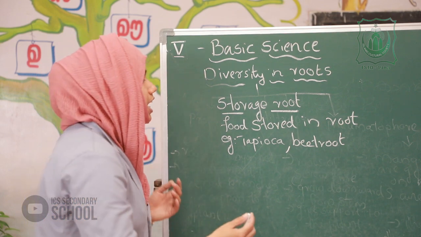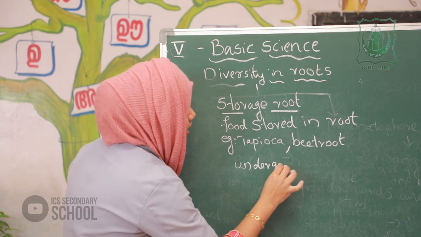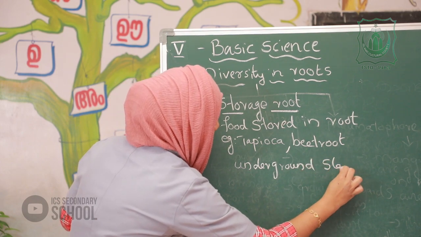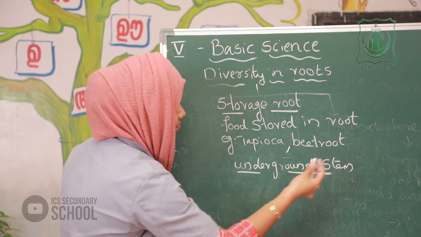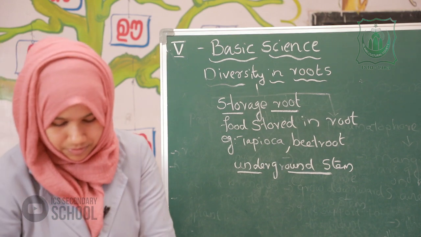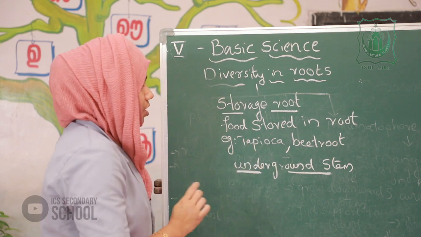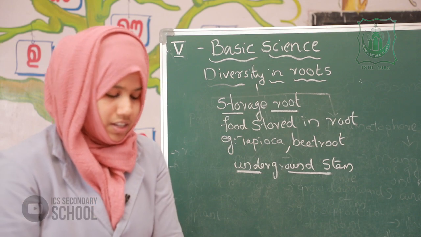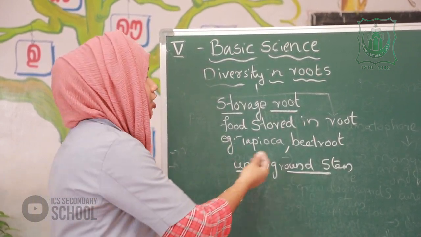Next is underground stem. Underground stem means the stem is modified to store food.